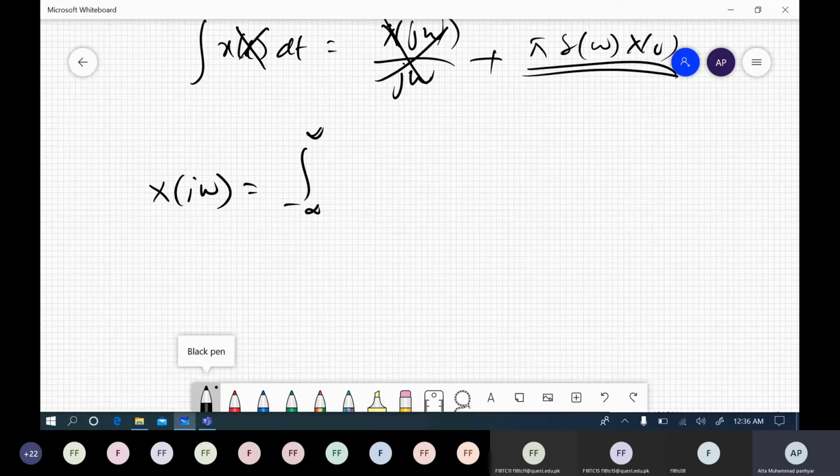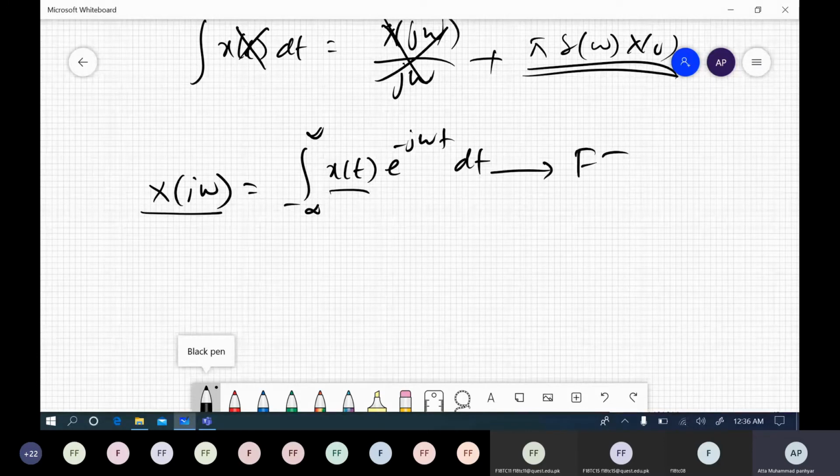It is the Fourier transform that has helped us to compute the frequency spectrum of aperiodic signals as well. If we have a time domain signal and we wish to compute the frequency domain signal, then we use this formula that is called the Fourier transform, right?